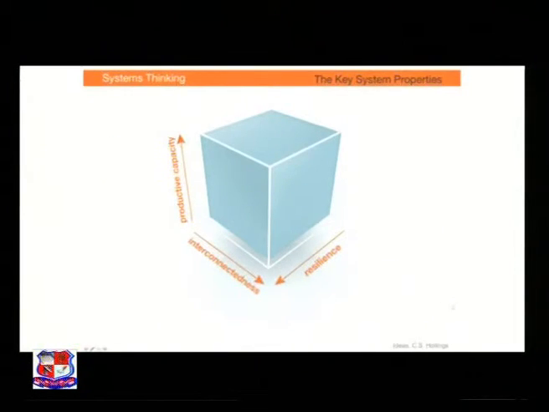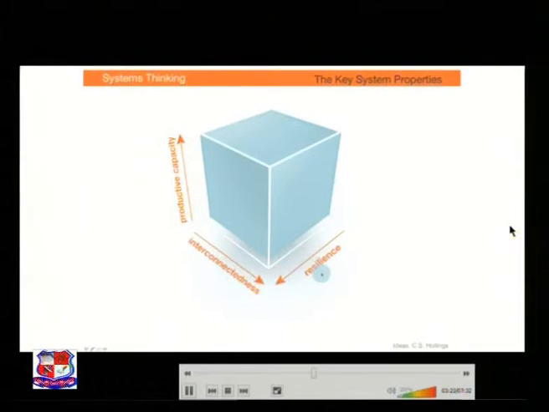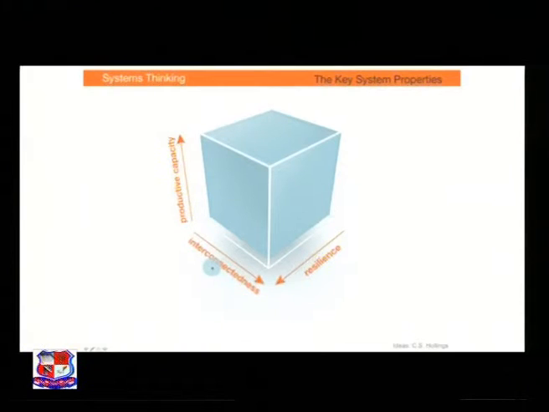Let's look at these key system properties in another way. C.S. Holling represents adaptive systems as going through cycles in which their properties are represented on these three axes. So this is the same set of ideas but represented in a three-dimensional set of axes. So you can see that the axes are resilience, interconnectedness, and productive capacity. So that's the same three ideas that we were talking about in the last slide.